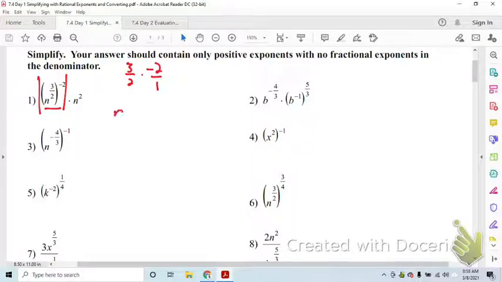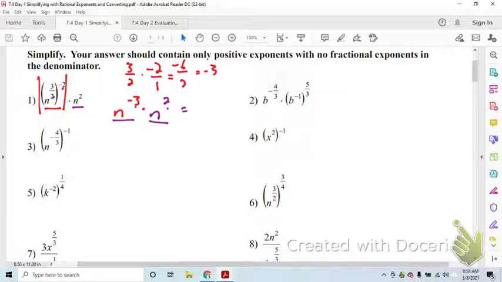So then the first part, this would be n to the, well, it would be -6 over 2, which would be -3, n to the -3rd power. And this is multiplied by, and I'm going to change colors, n squared. So if power of power is multiplying, now here, since I just have two terms being multiplied, I take the exponents and I add them together.